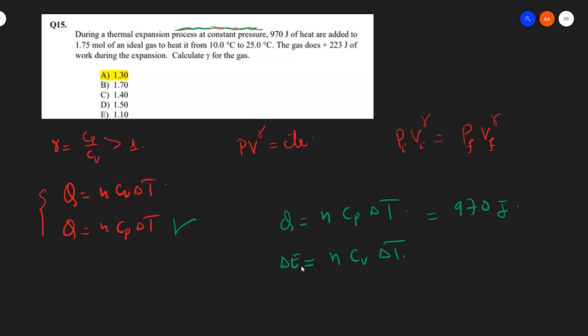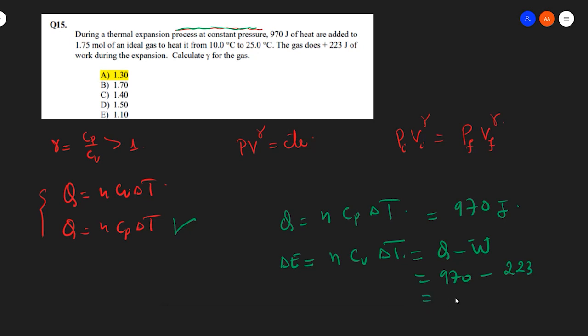Okay, great. Delta E is Q minus W. Q is given, 970, and W is given also, the gas is doing plus 223 joule of work.